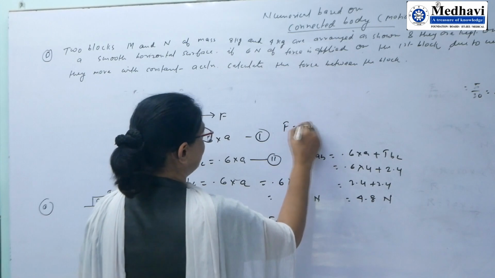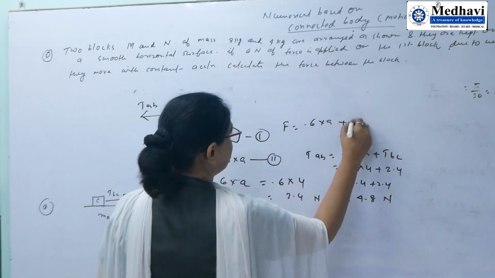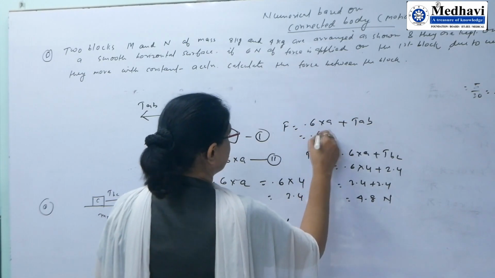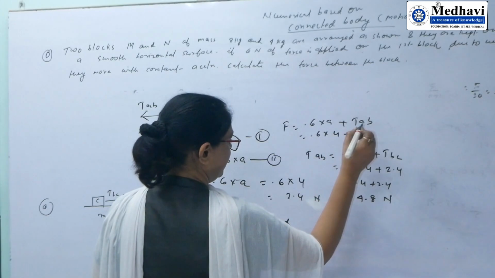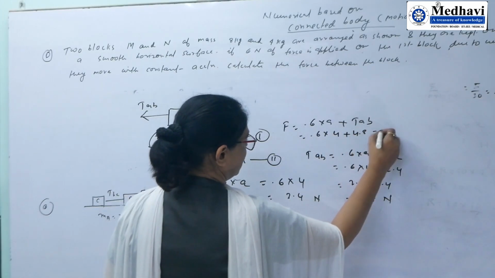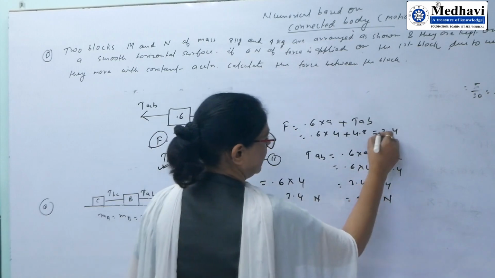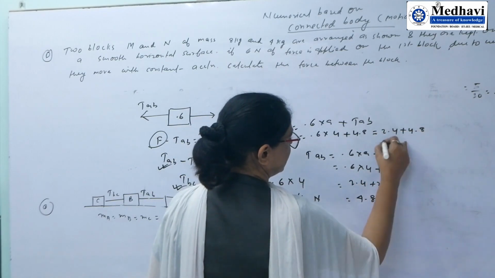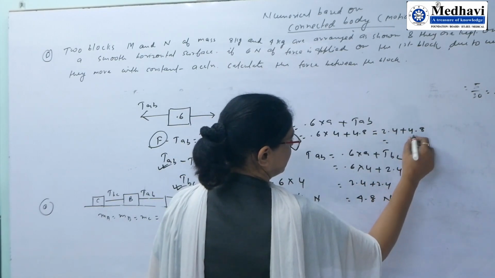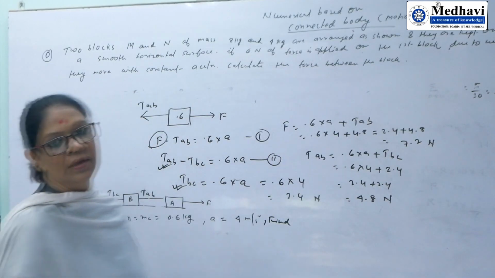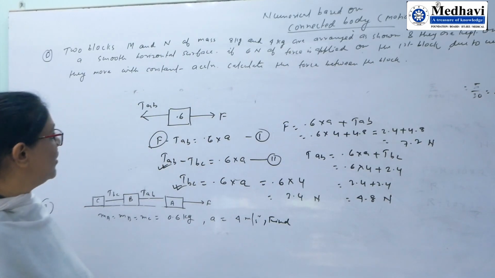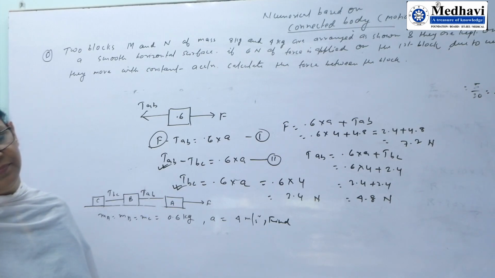So F is equal to 0.6 into A plus TAB. 0.6 into, in place of A you write 4, plus TAB 4.8. 2.4 plus 4.8 is 7.2. In this way, we can calculate questions based on connected bodies.